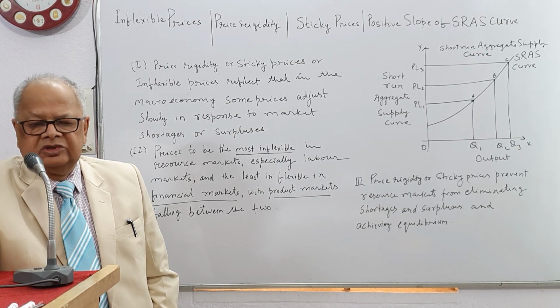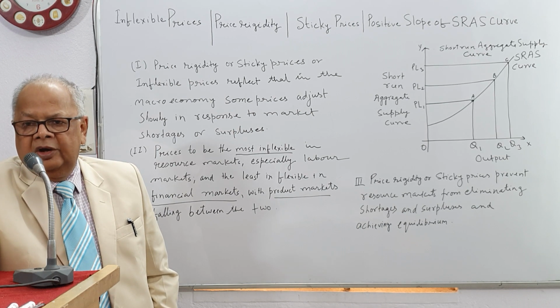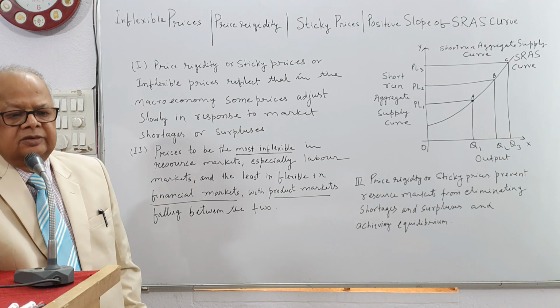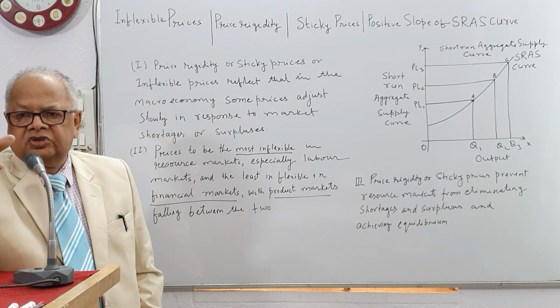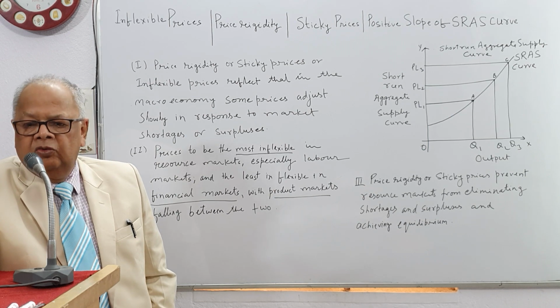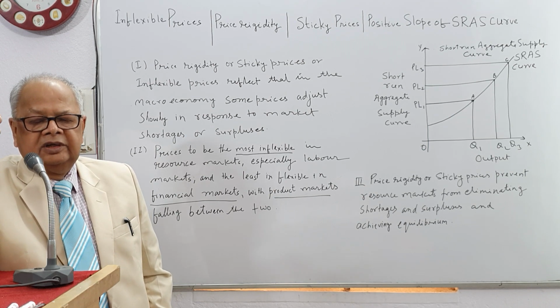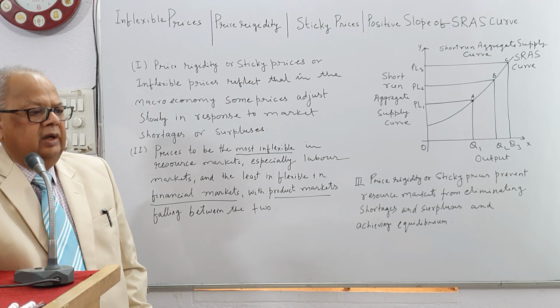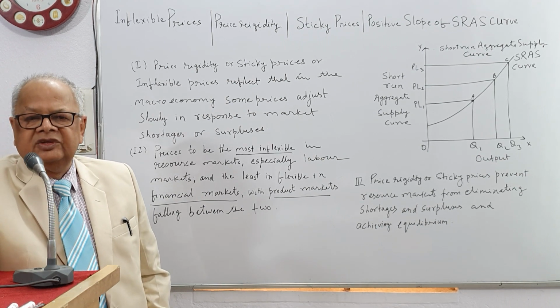New Keynesian economist Taylor established a sticky interest rate, constant interest rate. The Calvo model, that is the staggering prices.